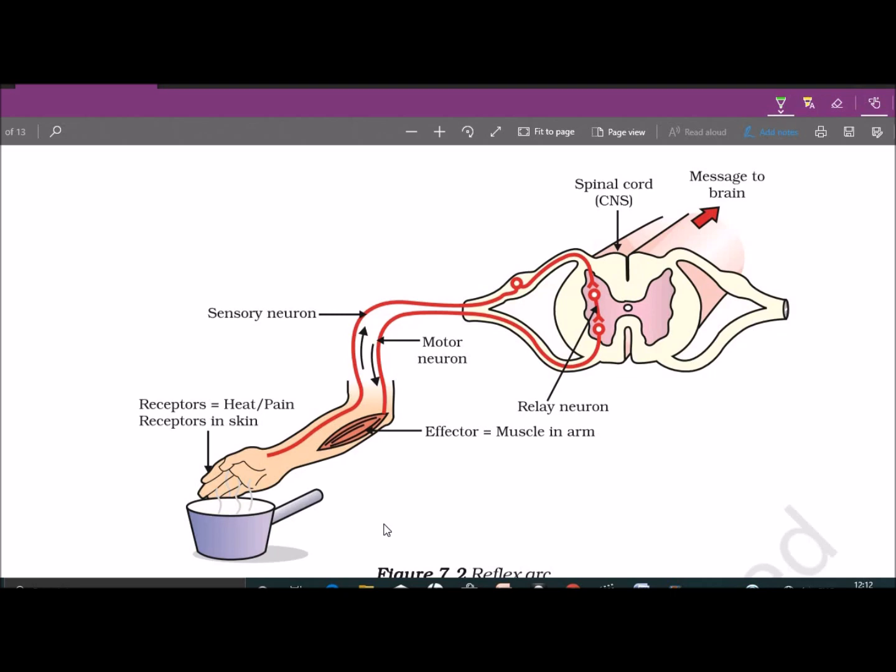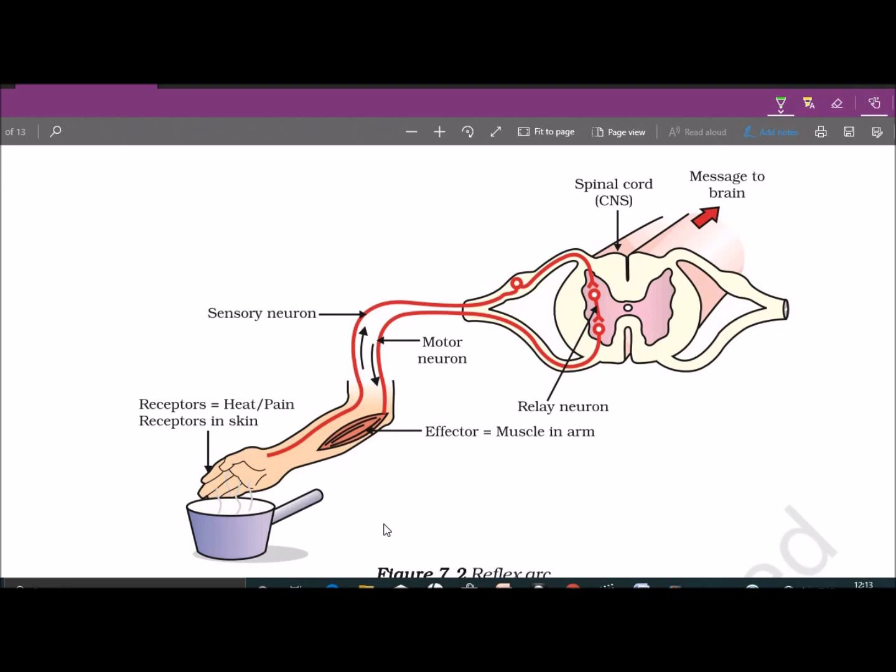For example, the withdrawal of the hand on touching something hot, dilation of the pupil on entering a dark room, sneezing when something irritates the lining of the nasal cavity, blinking of the eye when something suddenly approaches our eye, or any immediate response is an example of reflex action.